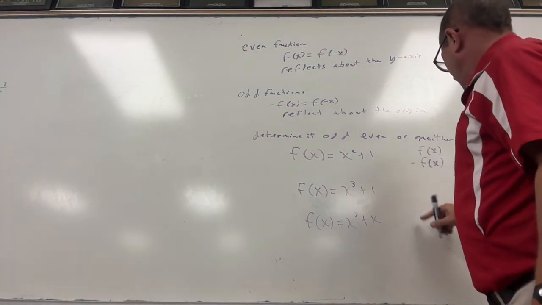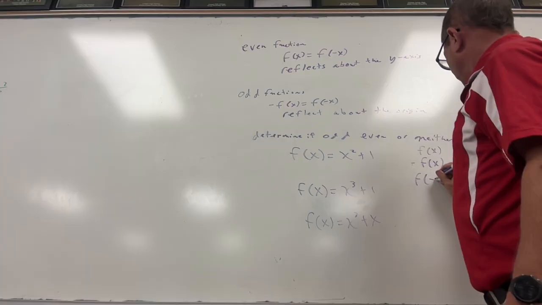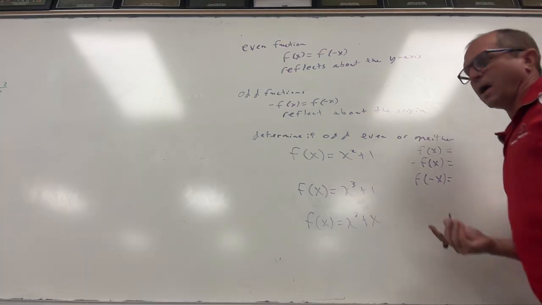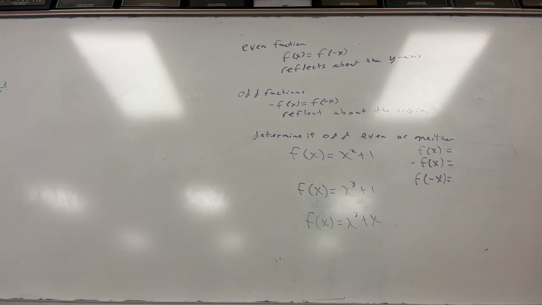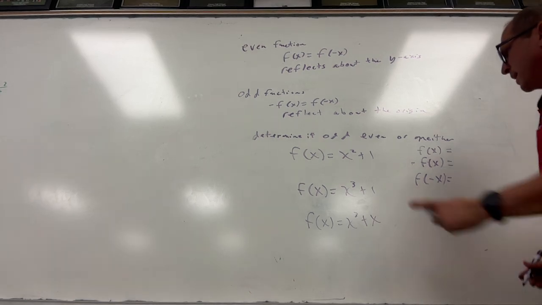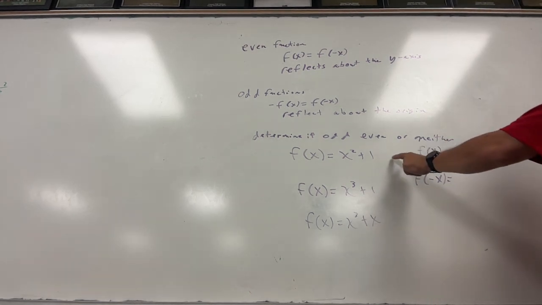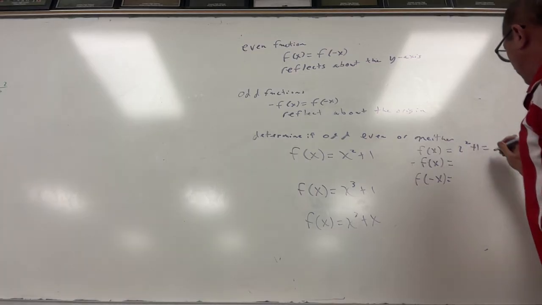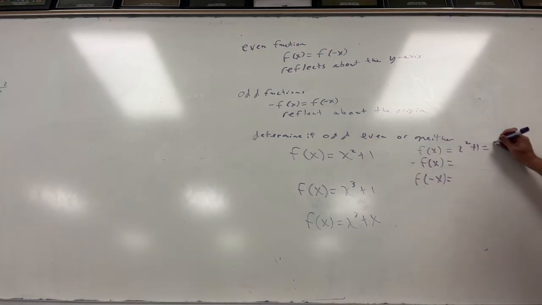And then f of negative x. Now, for this, I'm going to pick a random number. I don't usually like using 1, but I'm going to go with 2. All right, so what is f of 2 for this first equation? Well, it's 2 squared plus 1, right? Which is 5.